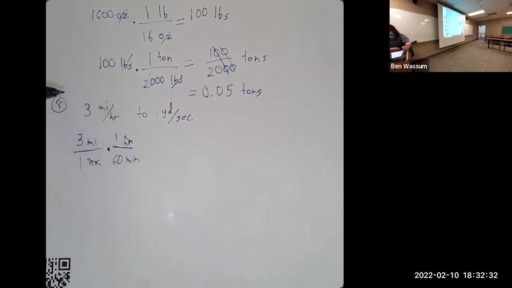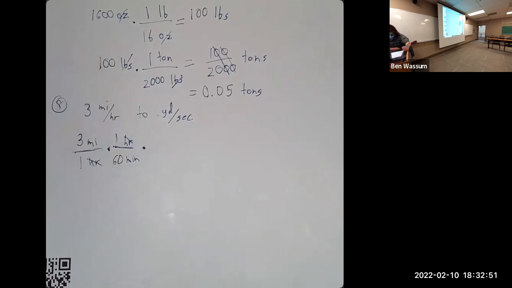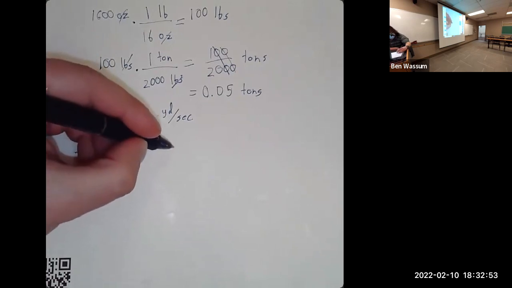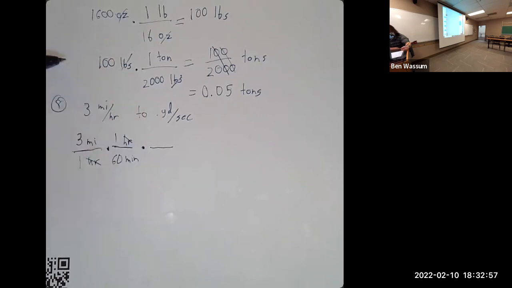But we're not going to stop there. We're not going to do our multiplication, because right now our units are in miles per minute. Okay, but we're going to get there, right? We're going to multiply on another conversion unit, and we're going to go from our minutes to seconds.